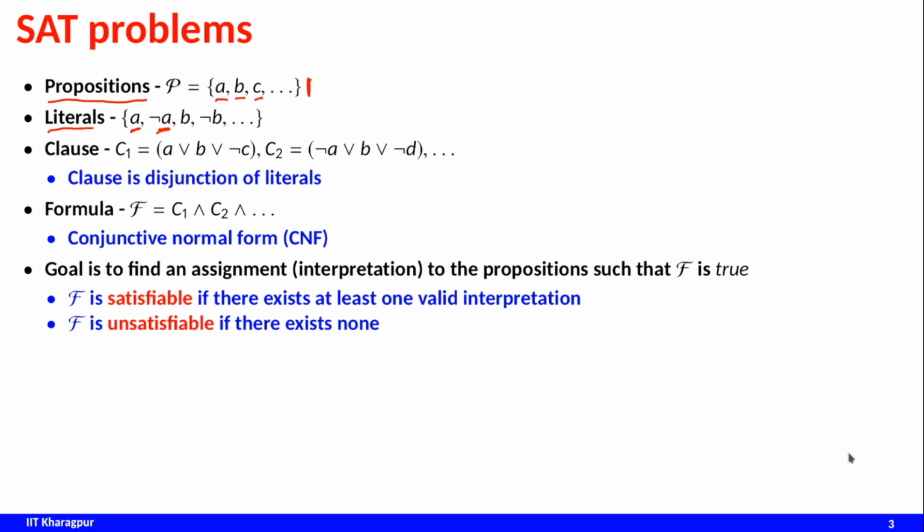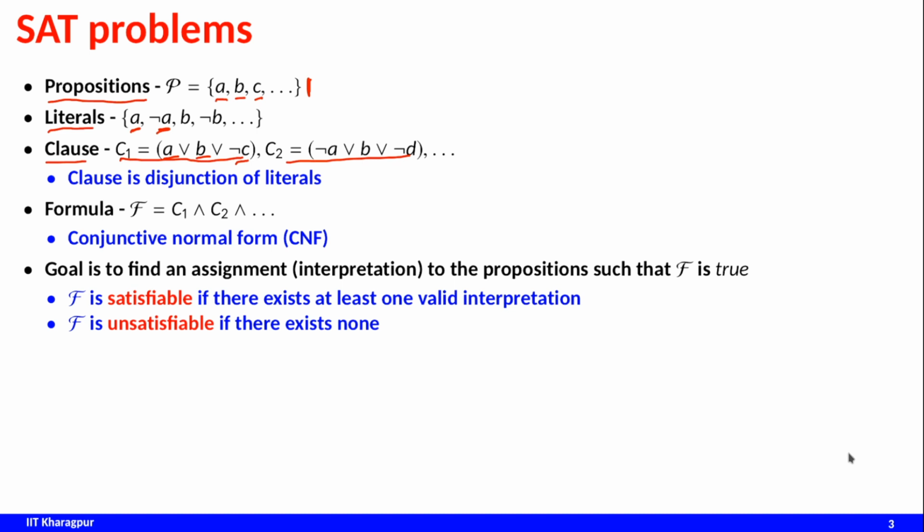Now with these literals we can define a clause. A clause is nothing but a disjunction of literals, which are combined in a logical OR fashion. This is one clause, this is another clause, and I can have many such clauses.